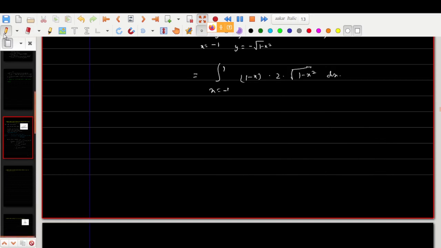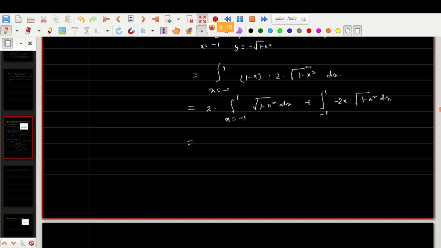This quantity is an odd function, so you can't do 0 to 1 by multiplying it by 2. So it will be the integration of root over 1 minus x square dx minus plus minus 1 to 1 of minus 2x root over 1 minus x square dx.